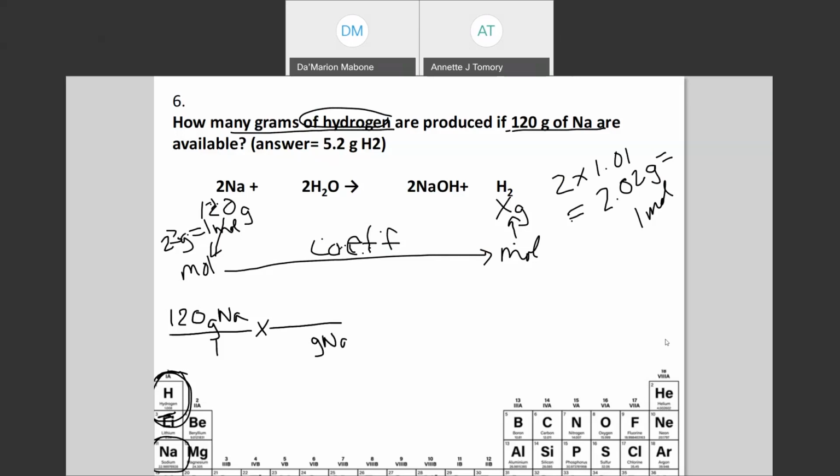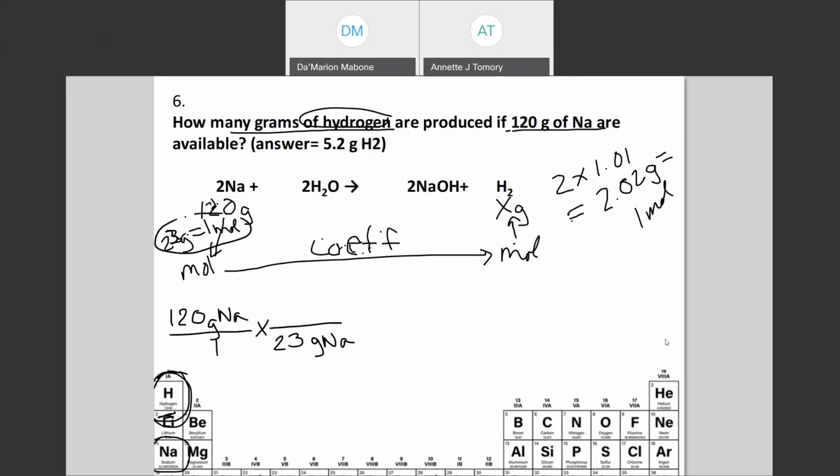Now look at our conversion factor from our plan. What number goes with grams? 2.02? That's for hydrogen. We're in sodium still. We haven't changed compounds yet. 23. So 23 grams goes on the bottom.